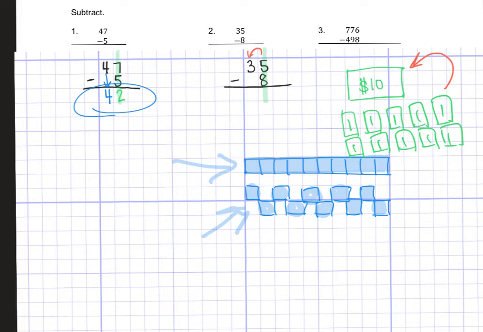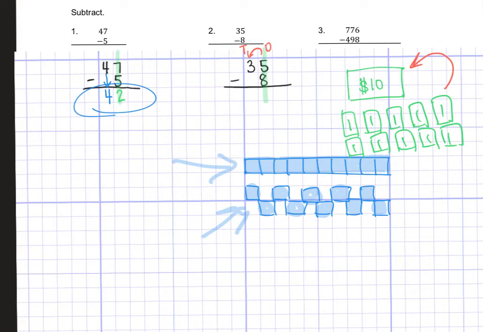Okay? Because that's just how we roll. This column is tens, that column is ones, right? This column is tens, this column is ones. So if you want to borrow 10 from me, you got to keep it in ones.